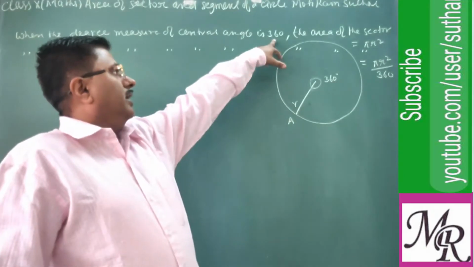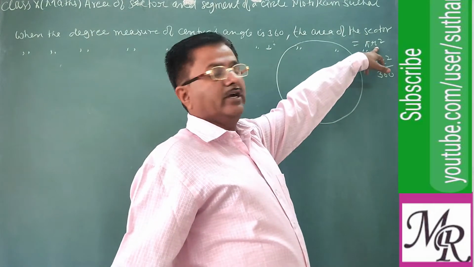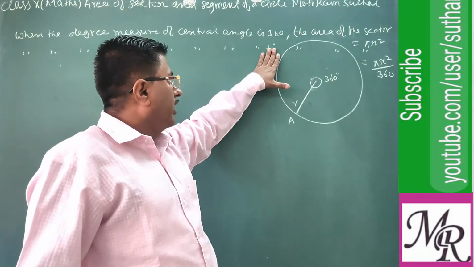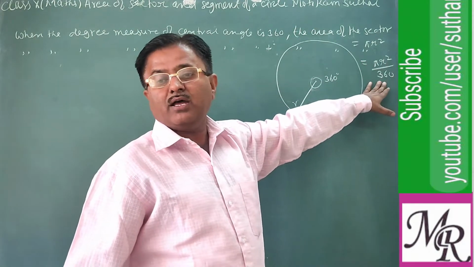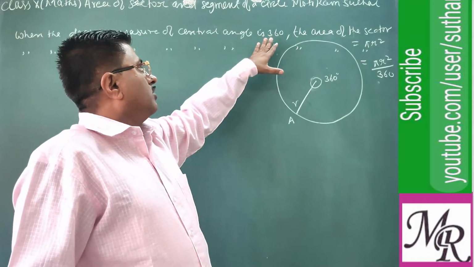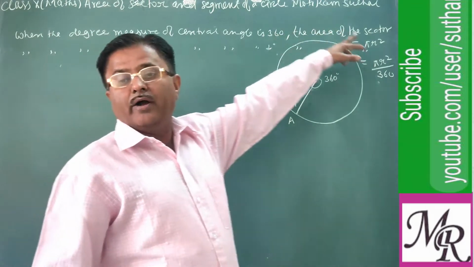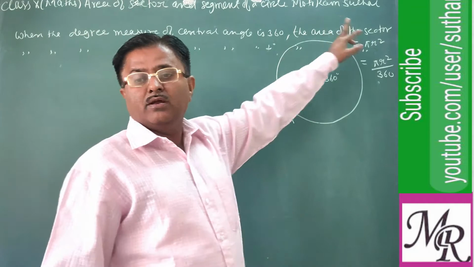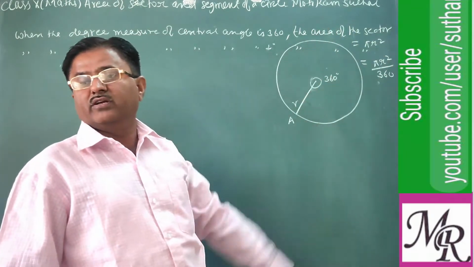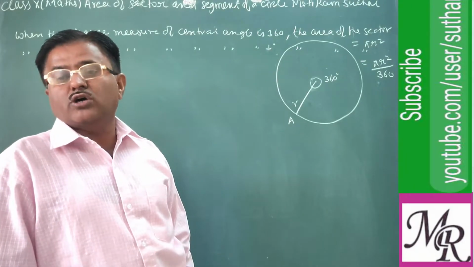We are using the unitary method. If the central angle is 360, area is pi r square. If 1 degree, pi r square by 360. Like we have solved: cost of 50 pens is 100 rupees, cost of 1 pen is 100 upon 50. In a similar way we solve.